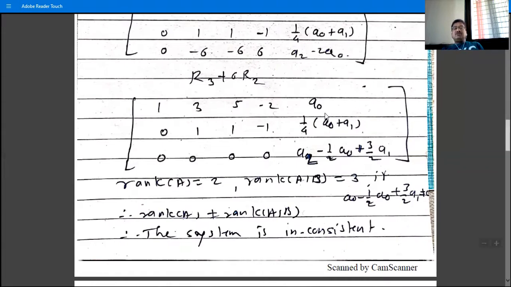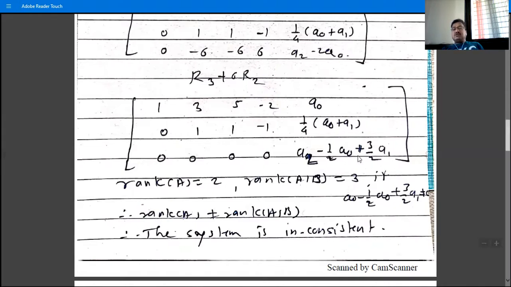And how many non-zero rows are in this matrix? This is a non-zero row, this is a non-zero row, this is also a non-zero row, provided this quantity is not equal to 0. We know that a0, a1, a2 are any real numbers, any scalars, so this is not always 0. It is non-zero for some a0, a1, a2, and equal to 0 for others.